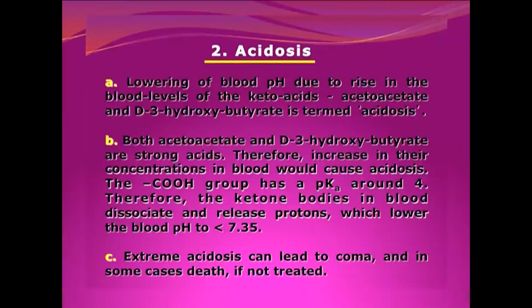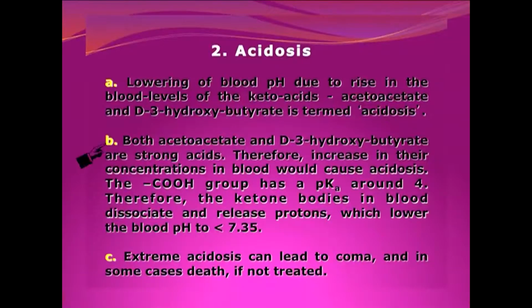Coming to the second abnormal situation, which is known as acidosis. Acidosis refers to a lowering of the blood pH due to formation of the ketone bodies D-3-hydroxybutyrate and acetoacetate. Now please remember that these two organic acids are very strong ones and the pKa value of their carboxylic group is around 4.